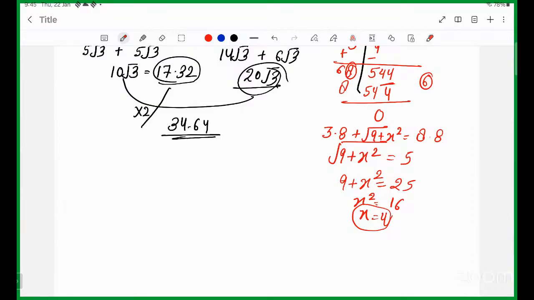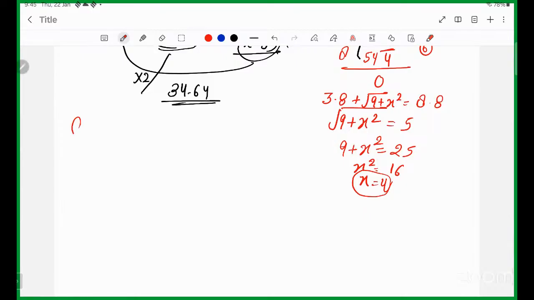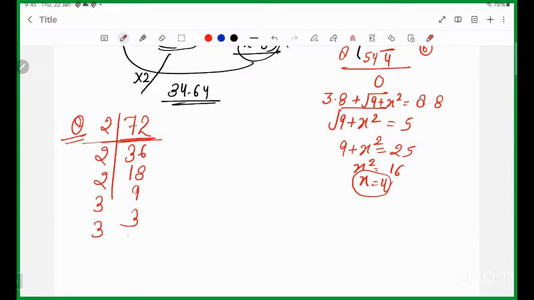There are some questions which are asked, like by which number I should multiply 72 to get a perfect square. So what I will do is find out the factors of 72. So it will be 2 times 36, 2 times 18, 2 times 9, 3 times 3.